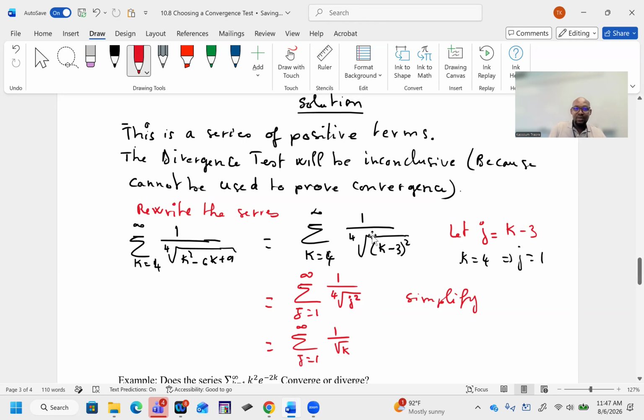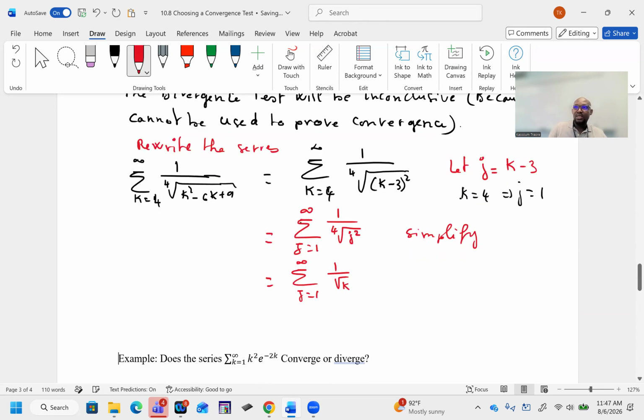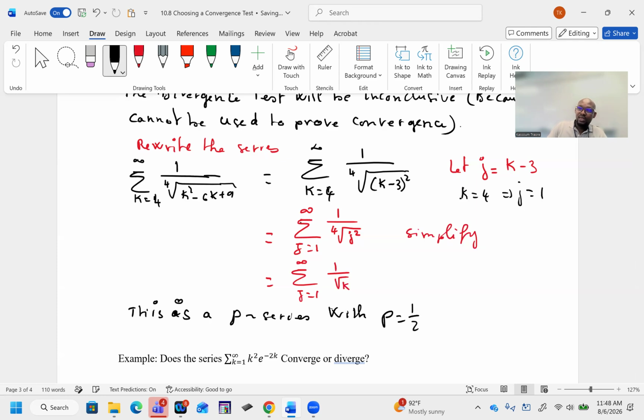And what type of series is this one? This is a P series, right? So now we identify this as a P series with, what is your P? 1/2, which is less than 1.